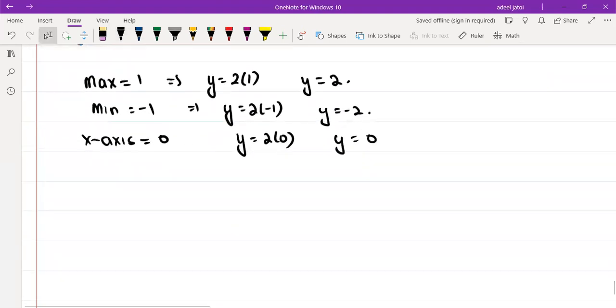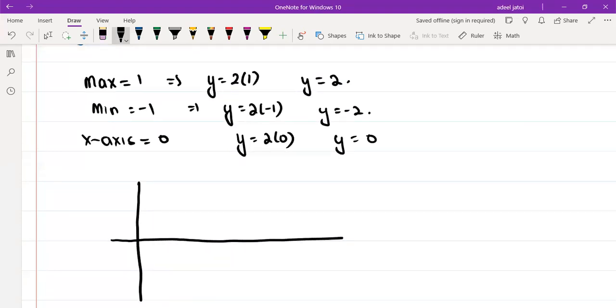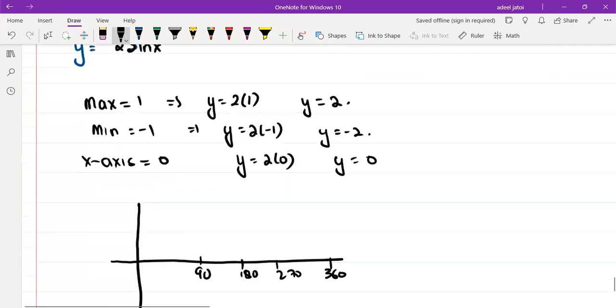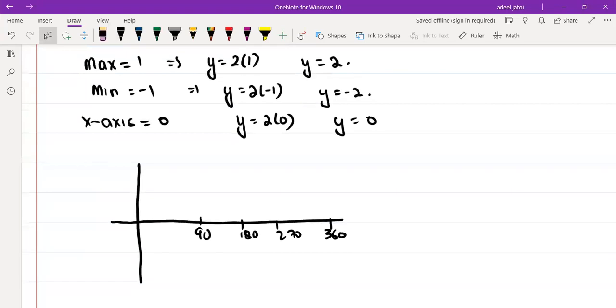So if I want to draw the graph in terms of the new values, with 90, 180, 270, 360, what graph am I creating? Sine. The maximum value that was 1 has been changed, because of 2 sine x, to 2. So I will write 2 instead of 1.